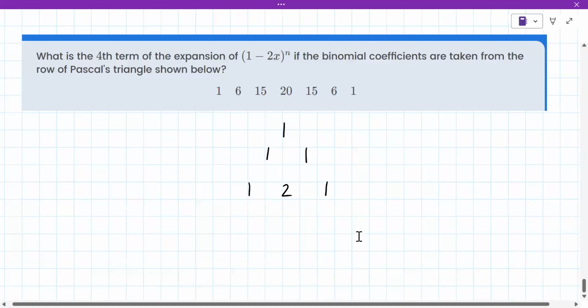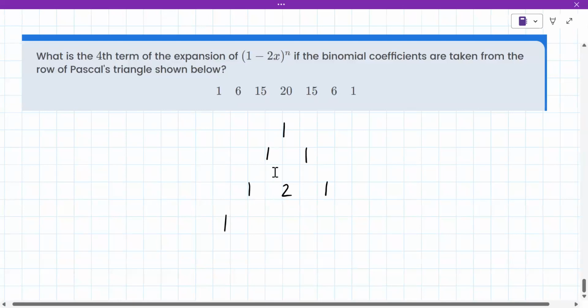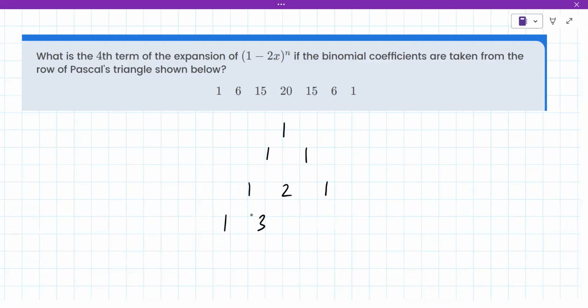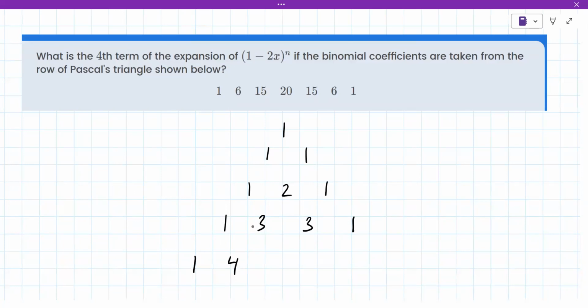All right, the way that you get the numbers, besides the ones on the outside, is you just add. So 1 plus 1 is 2. 1 plus 2 is 3. 2 plus 1 is 3. And you always put ones on the outside. Now 1 plus 3 is 4. 3 plus 3 is 6. 3 plus 1 is 4.